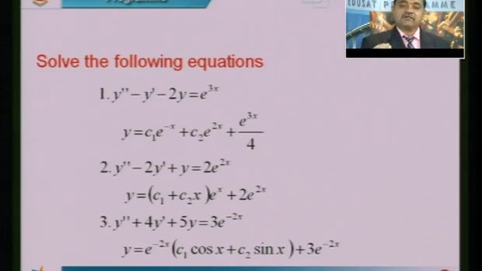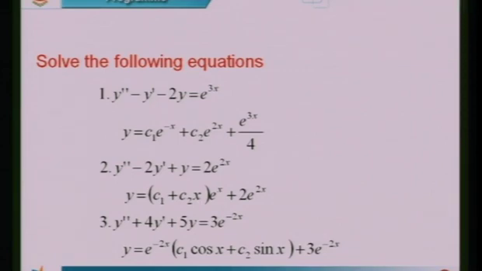Okay, right hand side will also be there, left hand side will also be there. How can we find the complete solutions? So, type 1 equations: the right hand side consists of e power ax.